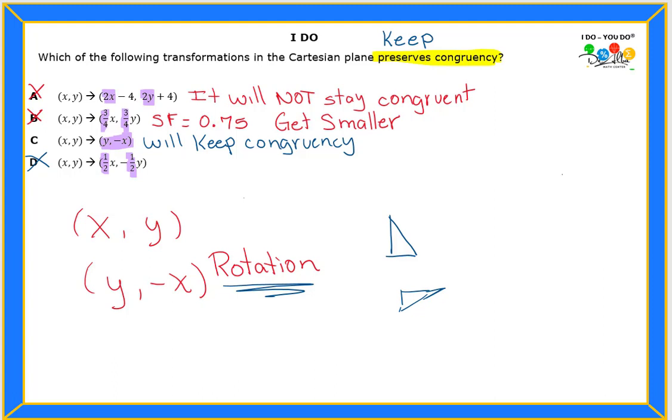Because in a dilation, I will need to use the same scale factor. But if you look at the half by itself, that means that it will get smaller on the x, right? Okay, because you are multiplying by a half. Okay, very good. Therefore, my answer will be letter C. Very good.